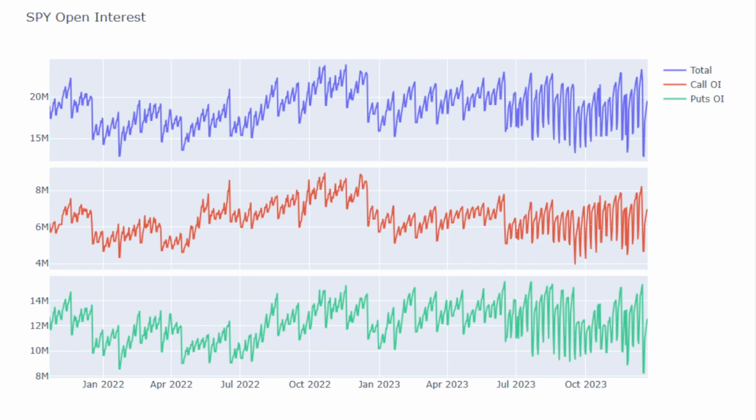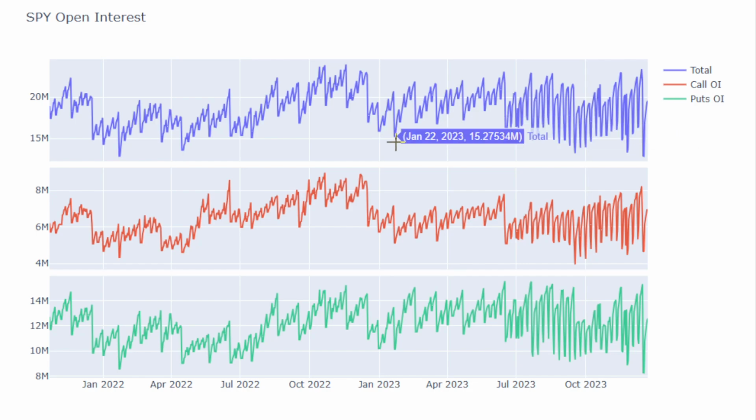This page shows the summed open interest for all contracts across all strikes and expirations for each day of trading. It is further broken down by puts and calls. You may have heard of the phrase put to call ratio, which we will look at further in a minute. What I think is so cool on this chart is we can see the increase and decrease of open interest over time.